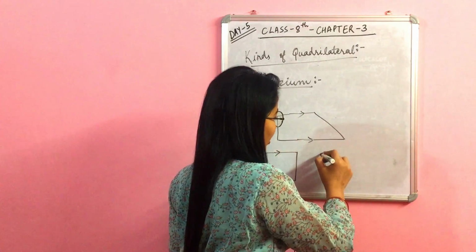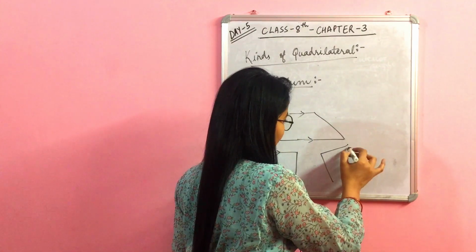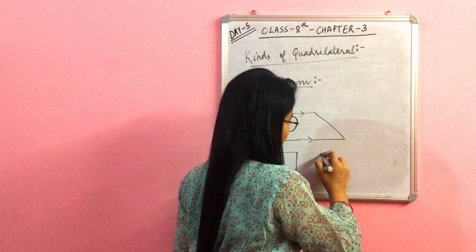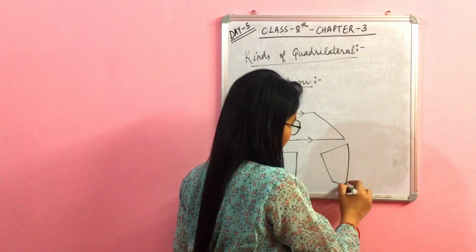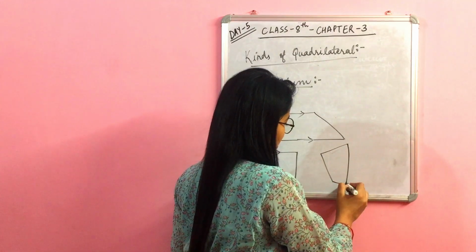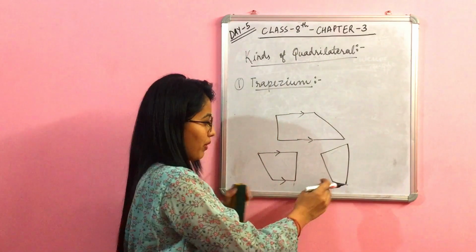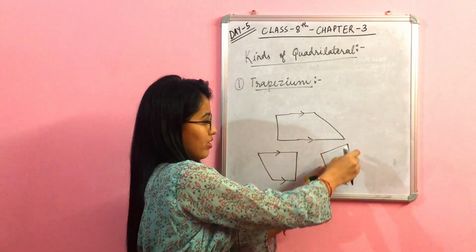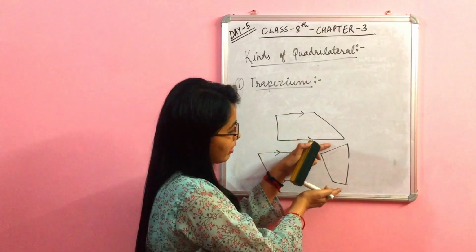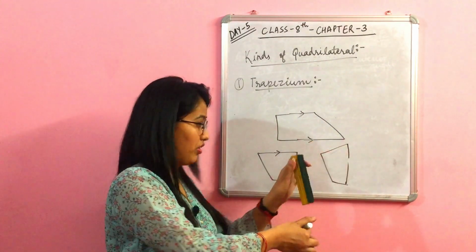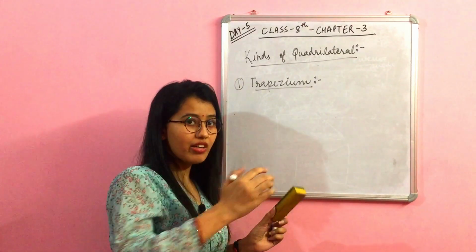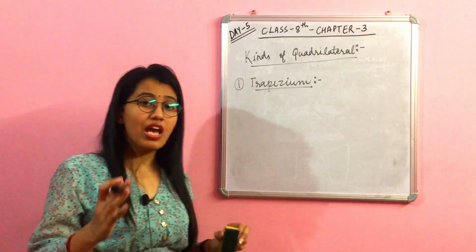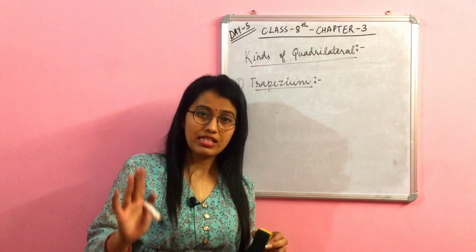But this is not a trapezium, if you are drawing a figure like this. Because if you see, these two lines are diverging from each other. Similarly, these two lines are also diverging. So this is not a trapezium. A trapezium is a figure which has one pair of parallel sides.